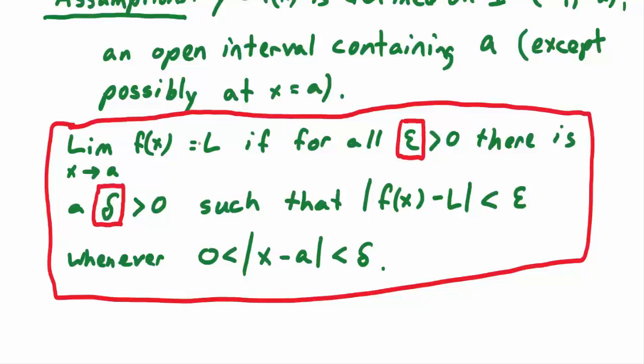As long as all that's true, then this limit is going to exist. And again, that's just a formal way of saying that the closer x gets to a, eventually the closer f of x gets to L.